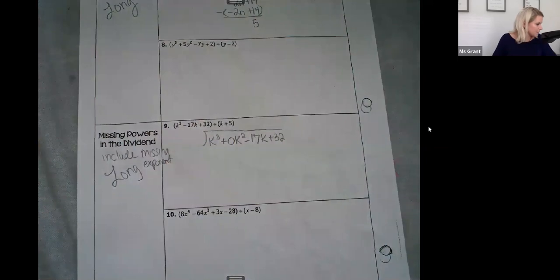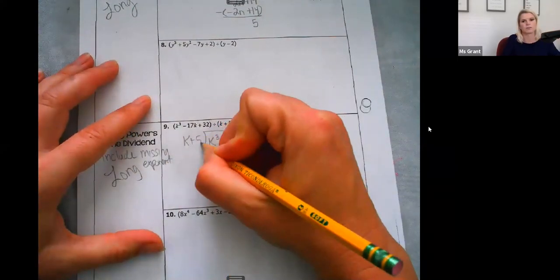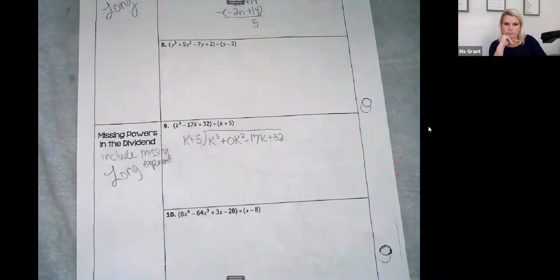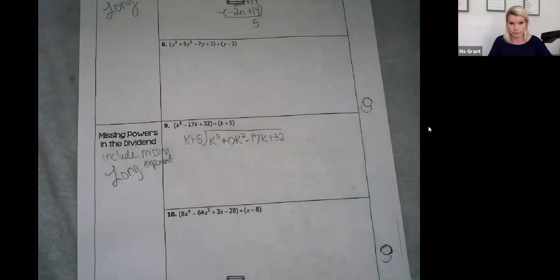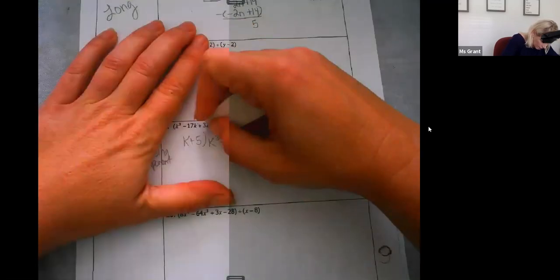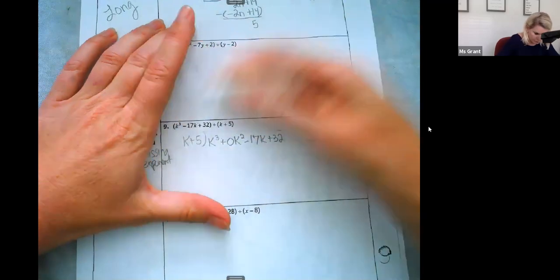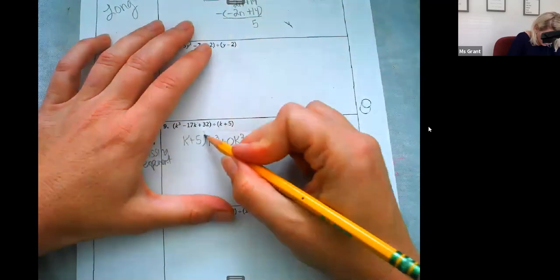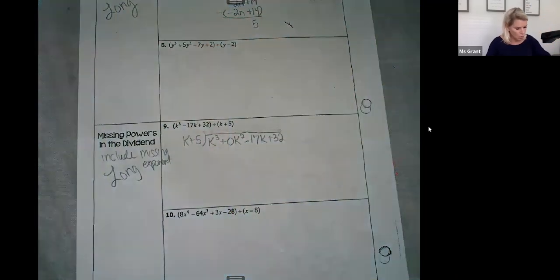I'm dividing by k plus 5. I'm going to go through this whole thing again. Ready? And I need more space. Here we go.